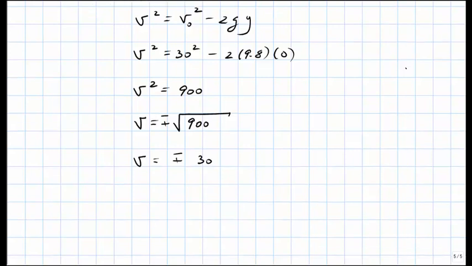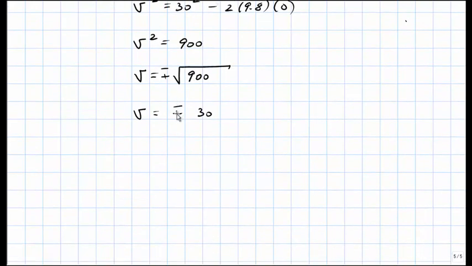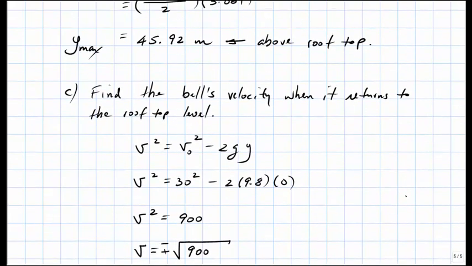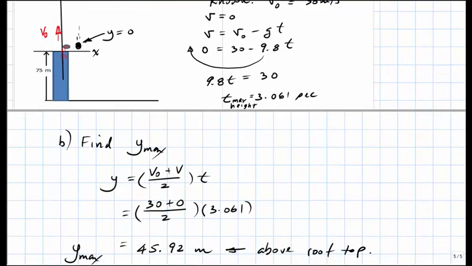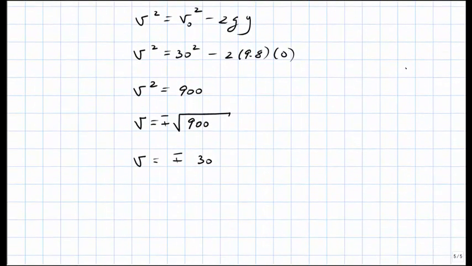The question is, should we choose the positive velocity or the negative velocity? Well, we know from the problem that the ball is on its way down when it reaches the rooftop level. And so because of that, we must choose the negative.